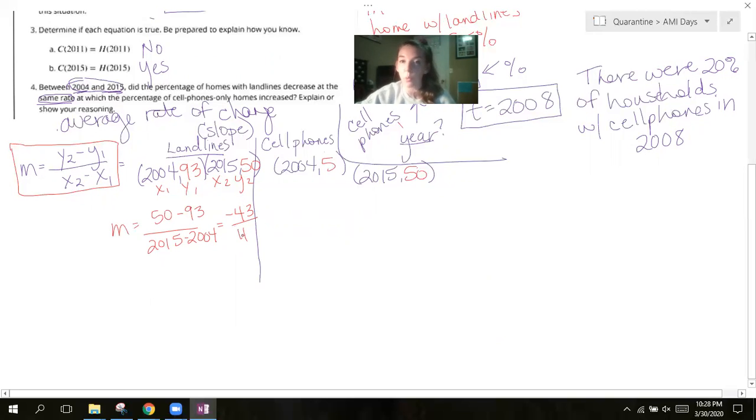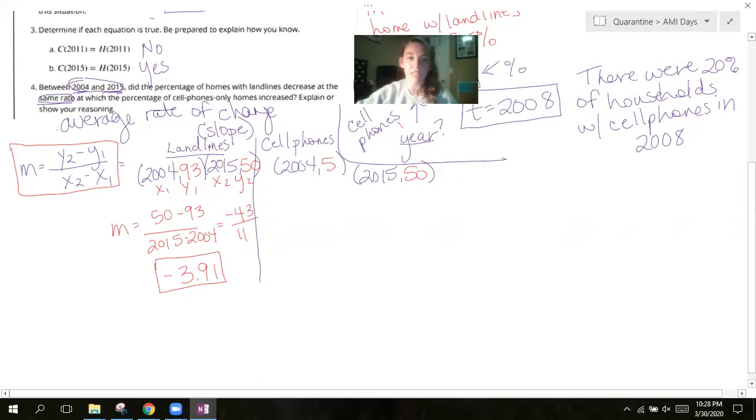But if I want the rate, I want to know it for 1 year. So I'm just going to divide those two numbers, and that's going to give me negative 3.91 as my rate of change. So the landlines are decreasing at a rate of about 4% per year, not 4 phones.